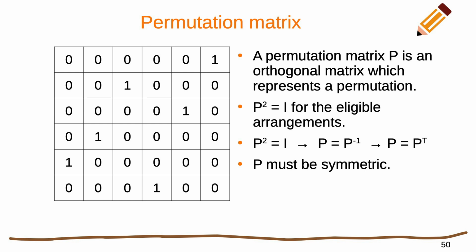This forms a permutation matrix, which we will denote by P. As discussed earlier, for the configuration to yield a magic square, the permutation must satisfy P squared equals the identity. This condition implies P equals P inverse, and since P is a permutation matrix, hence orthogonal, it follows that P equals P transposed. In other words, P must be symmetric.